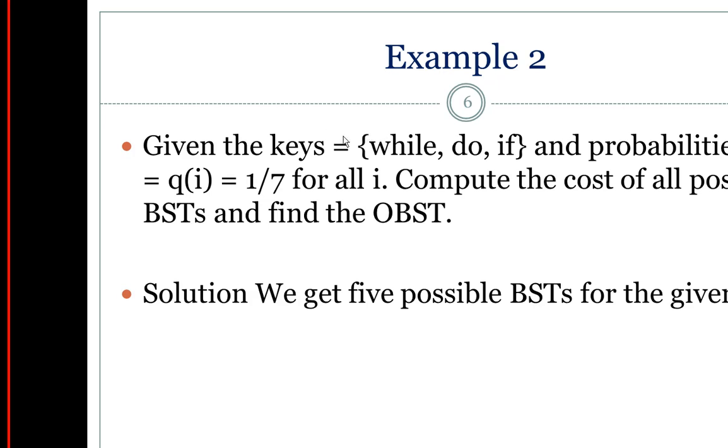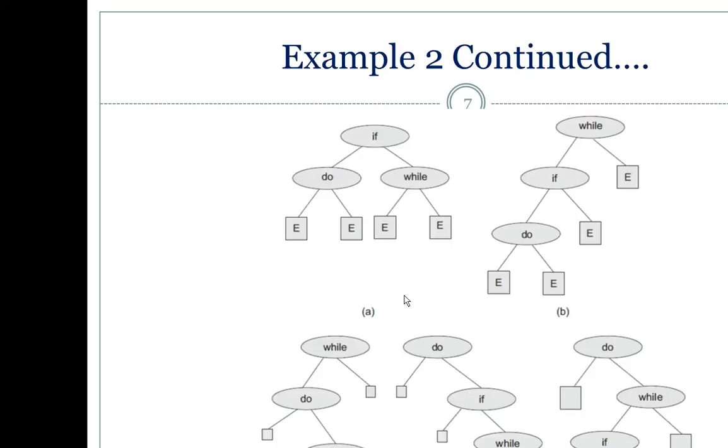If we find this OBST by using the general formula, first we have to find the number of possible BSTs. If the keys are 3, then there will be 5 possible BSTs. So these are the 5 possible BSTs for the given keys.